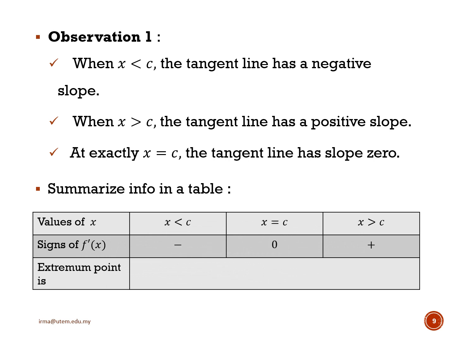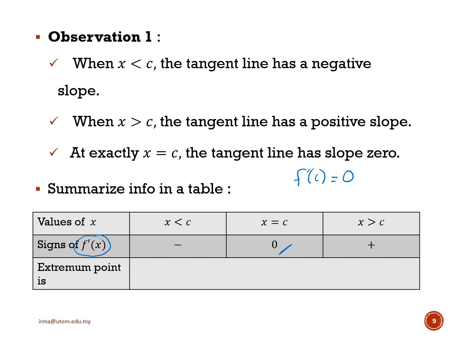When x equal to c, this is the sign of f'(x). Here you will get 0, because to find the critical points we need to have f'(c) equal to 0.